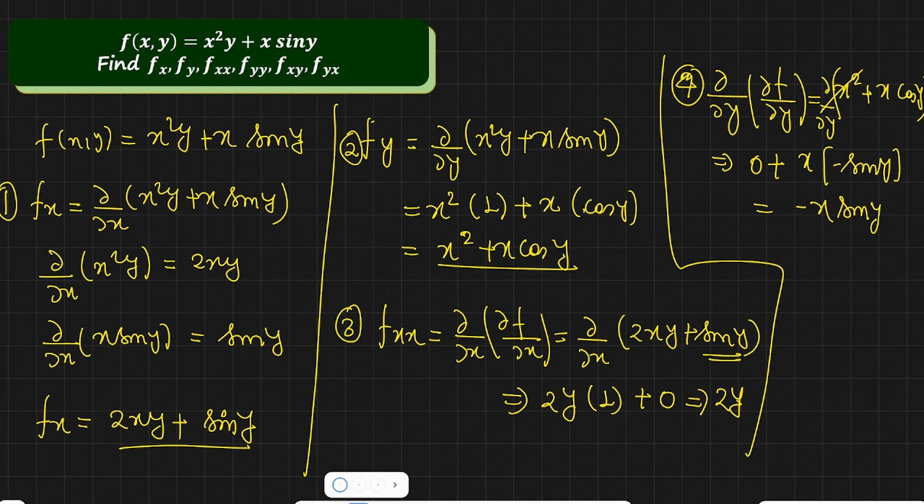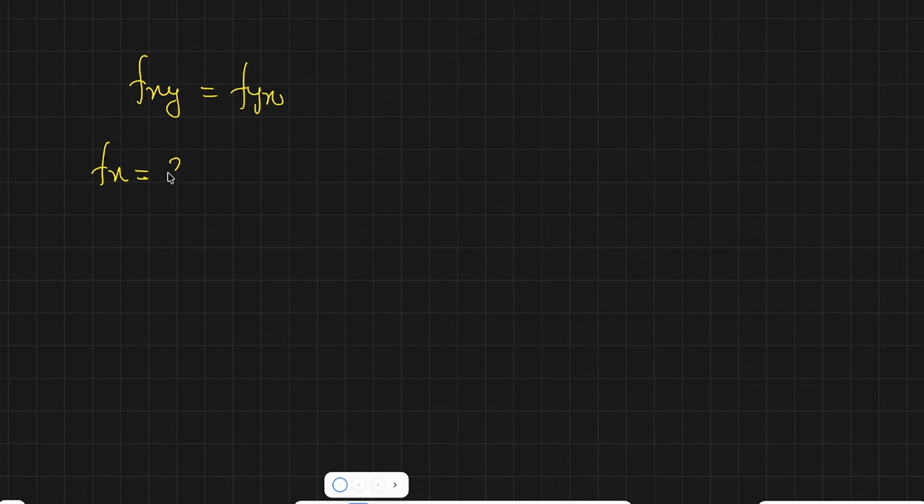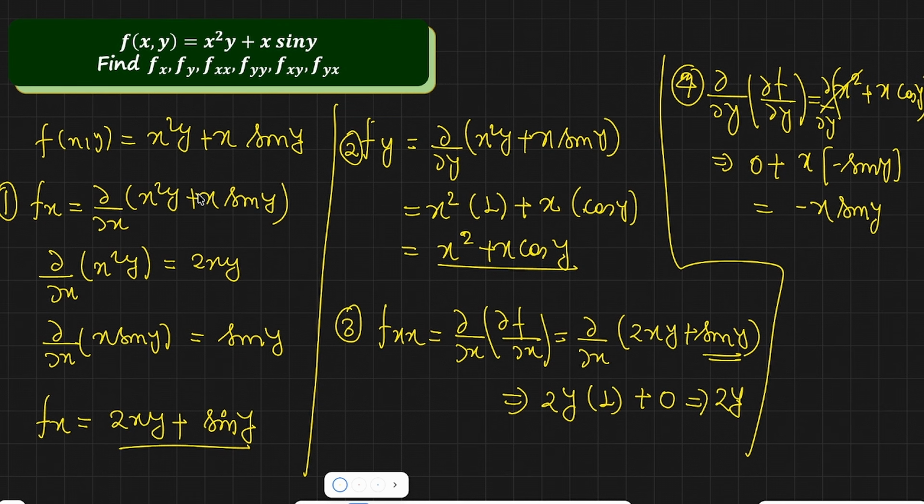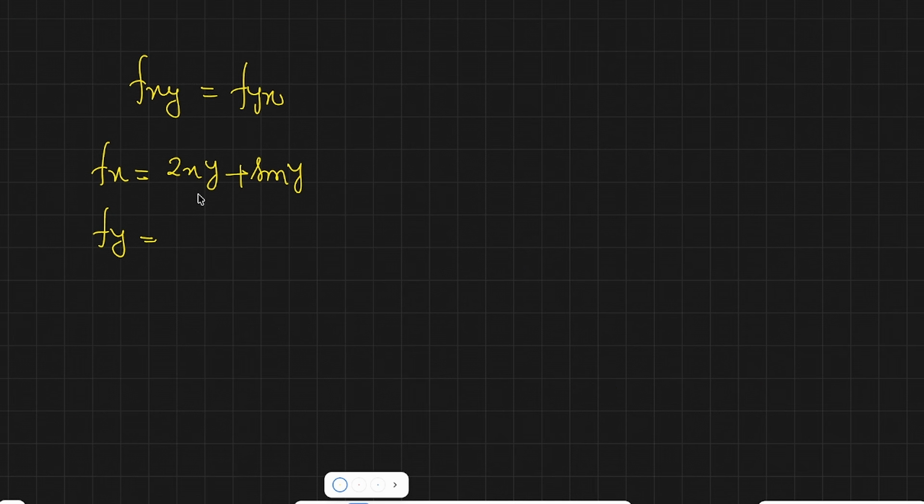Now you have to find out that fxy is equal to fyx. Okay, so this is the question. So what is your fx first of all? Your fx is 2xy plus sine y. What is your fy? That is x square plus x cos y. So using this, can I find fxy?